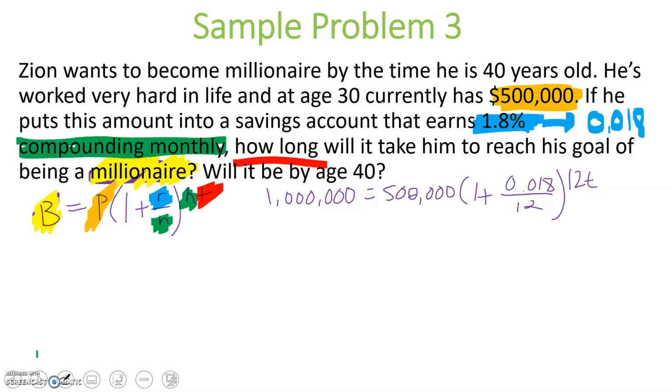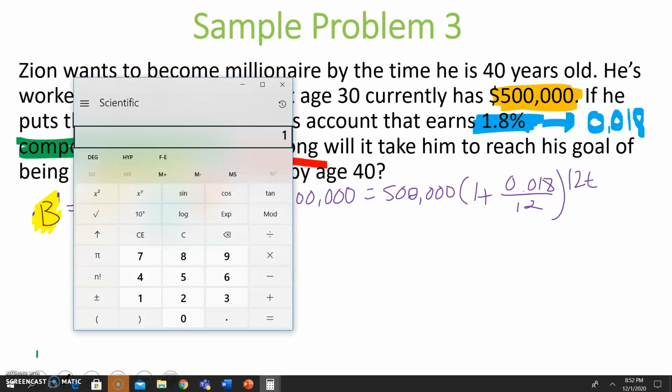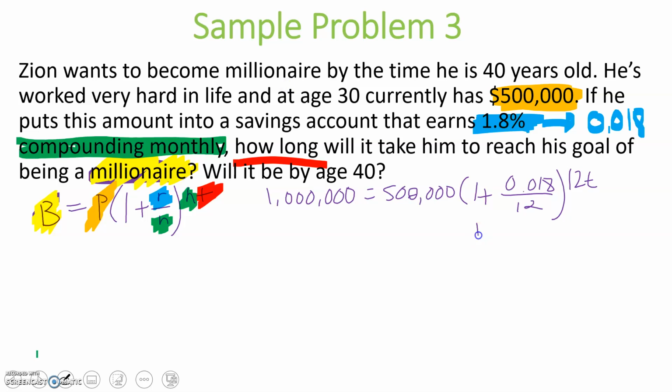Now, just like before, I think the best first step is going to be simplifying that part inside the parentheses, that 1 plus 0.018 over 12. And we can see that that's 1.0015. Everything else will stay the same, so I'm just going to rewrite it. So 1 million is equal to 500,000 times 1.0015 to the power of 12t.